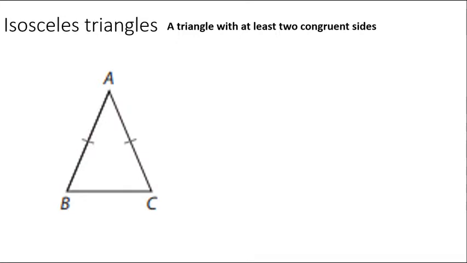So if you look at that triangle they give you here, if you look at the parts of it, the legs are these two sides of the triangle here. So those are the legs. And if you notice the mark right here, that means that the two legs are congruent.